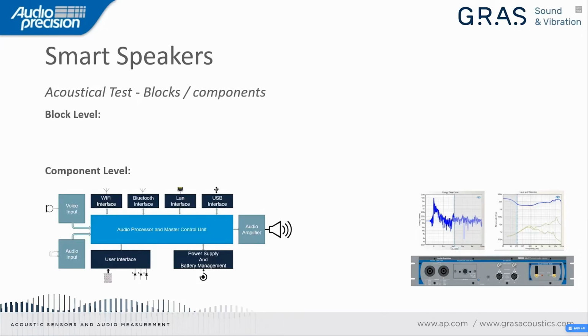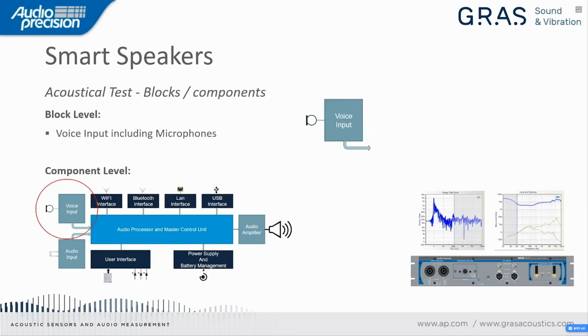We also have possibilities for doing acoustical test, block test, or component test. With an acoustical test, we use an acoustical signal as the stimuli, and then we measure an acoustical response or an electrical response from the device.